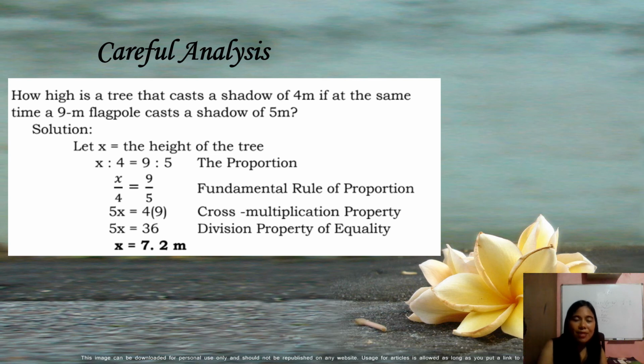Okay? Then by the fundamental rule, you can write them as fractions, and then by cross multiplication, you can have x times 5, 5x, and 4 times 9, 36. Now, dividing both by 5 will give you 7.2 meters. Okay? It's the height of the tree.